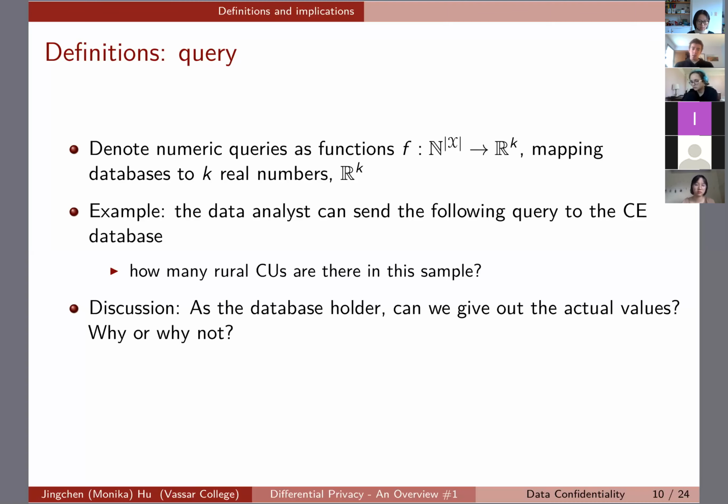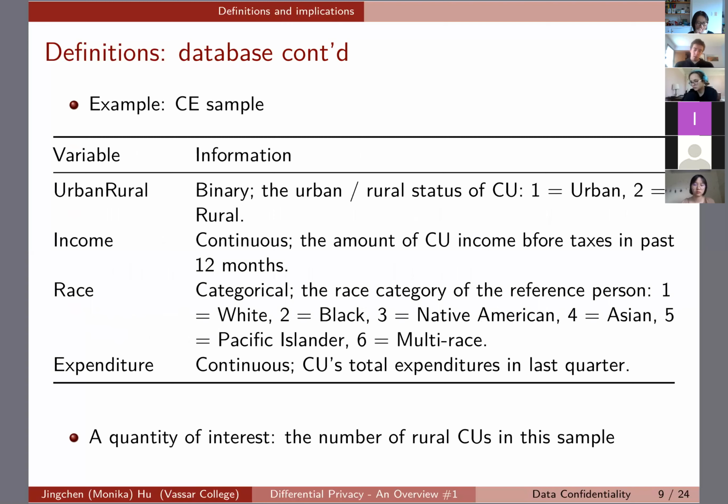Another way to think about it: remember the CE data has income. Let's say somebody sends a query and wants to know the average income of this sample. If we give out the exact number, and it happens that the richest person in the world is in this sample, that person's income would vastly change the average.